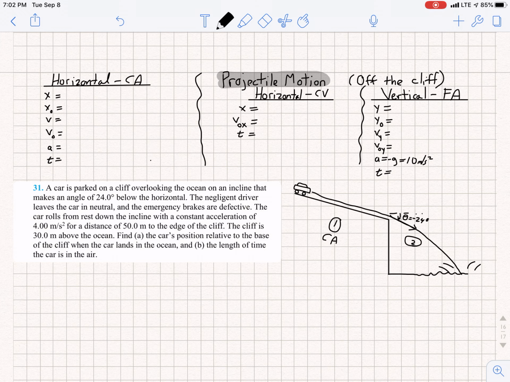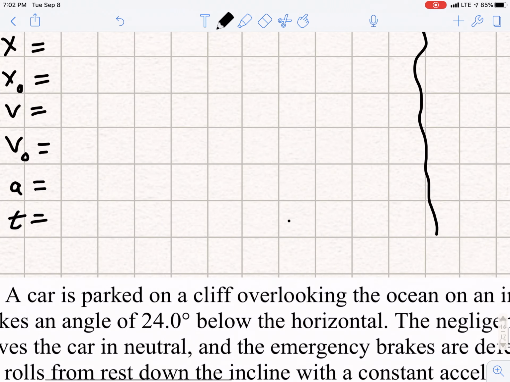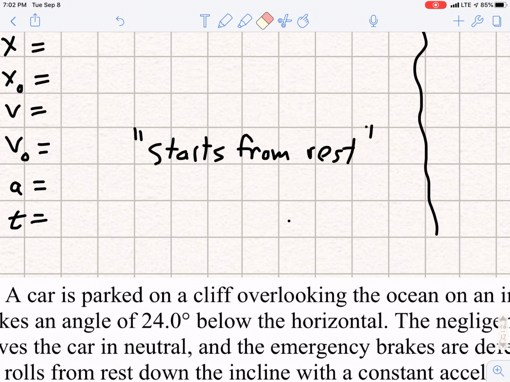So we know that we have this negligent driver. Now it tells you the car rolls from rest. Well, we should know that starts from rest. We should know that phrase by now. And that means, of course, V naught equals 0.